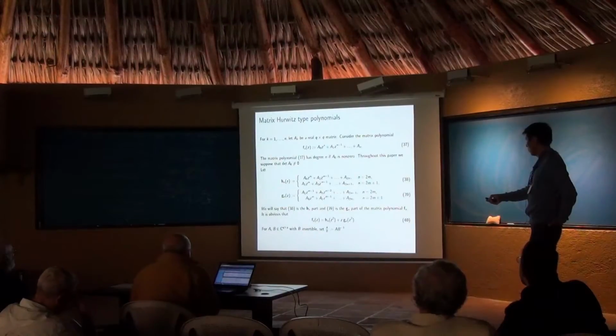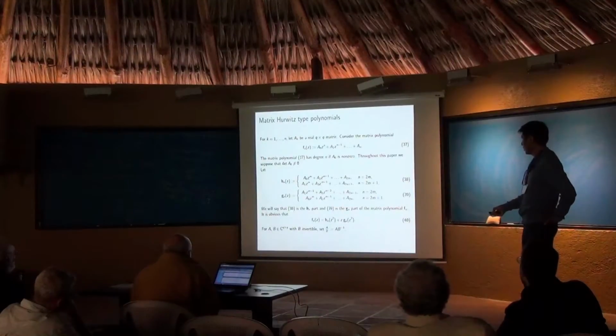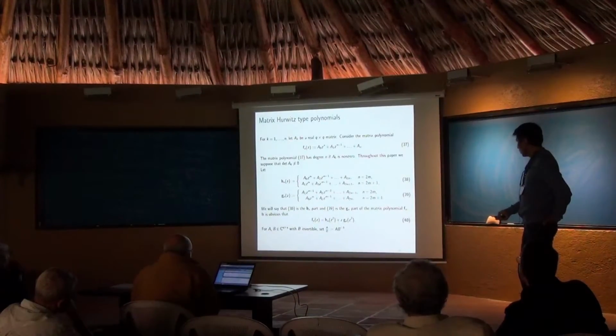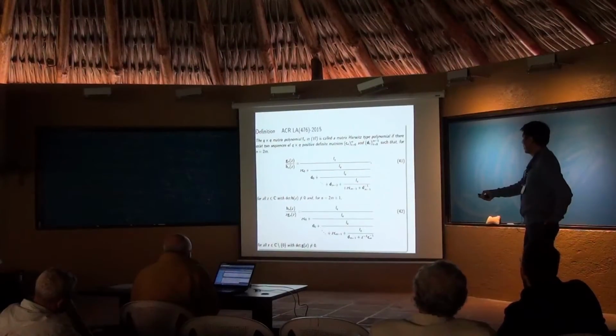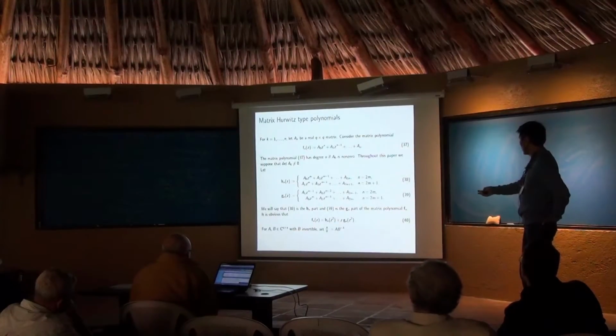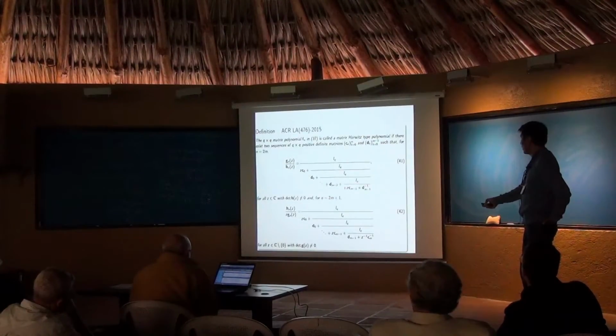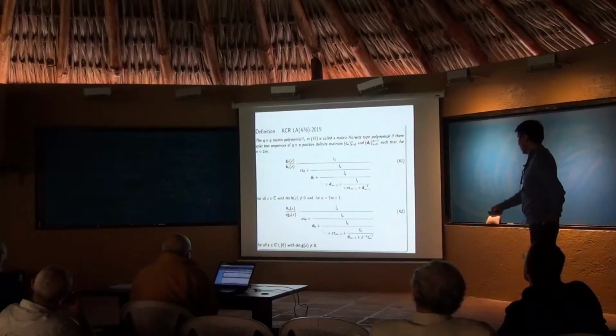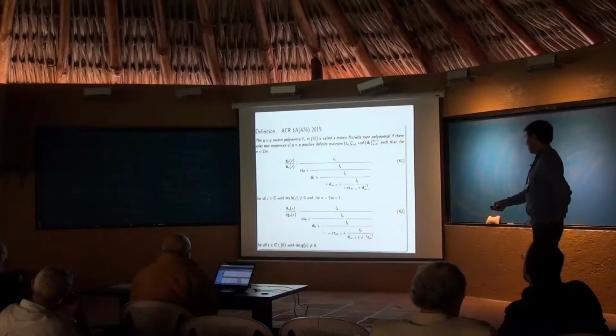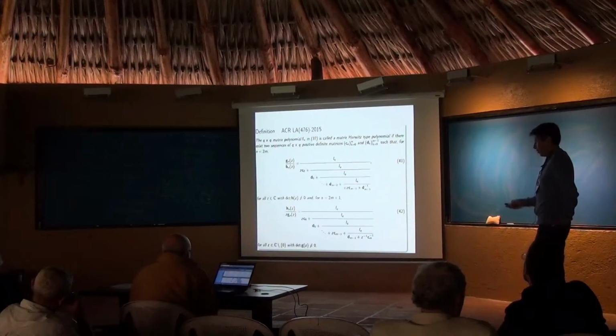Every coefficient is a matrix, and again we can define the H_n part and G_n part, and again we can write this polynomial here as in 40, and we define such a matrix, this matrix 37, as a matrix Hurwitz type polynomial if this G_n and H_n part can be written in this form. There exist some positive matrices such that it is possible to write in this form, and the same in the odd case. So this is the definition.